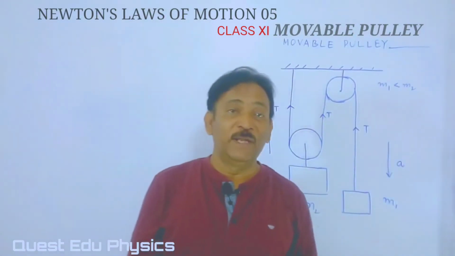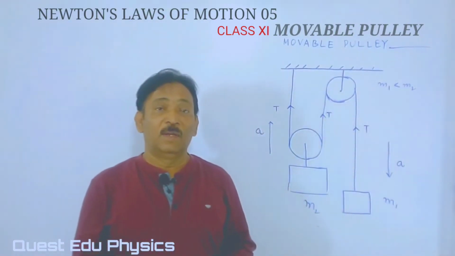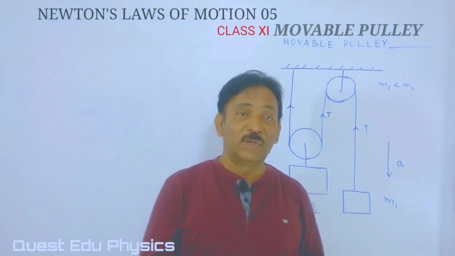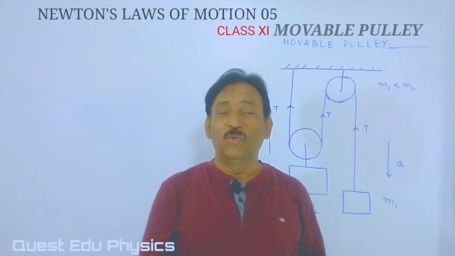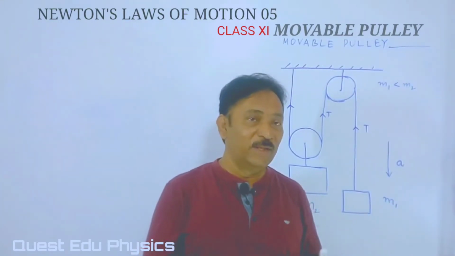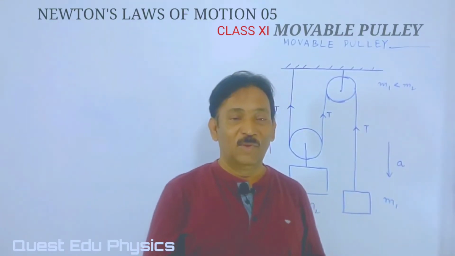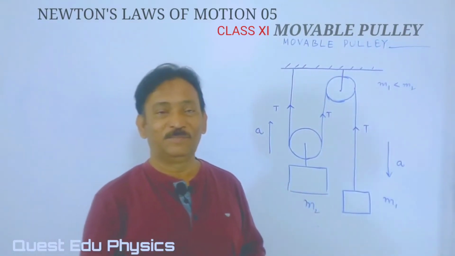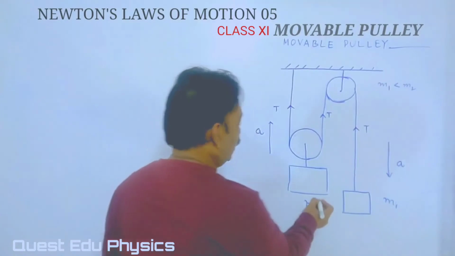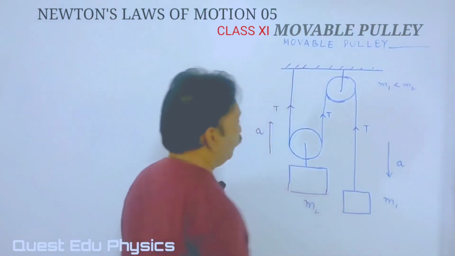The main purpose of a pulley is, by doing less work, we have to lift more weight, students. Doing less work, but we are lifting more mass. That's why intentionally it is shown in this way.